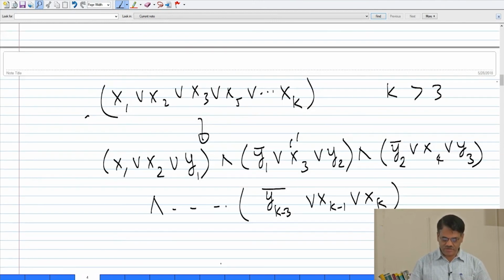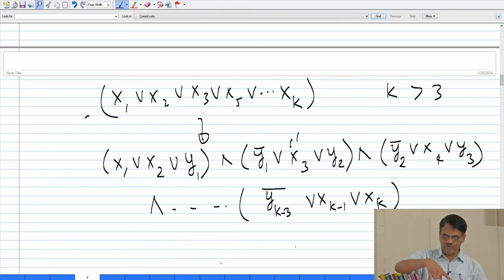Since y1 is true, and x3 is false, y2 is forced to 1, right? If you follow through, all the yi's will be forced to 1, which means that this is also not satisfied. So the only way you can satisfy all these clauses is if the sum of the xi's is at least 1.